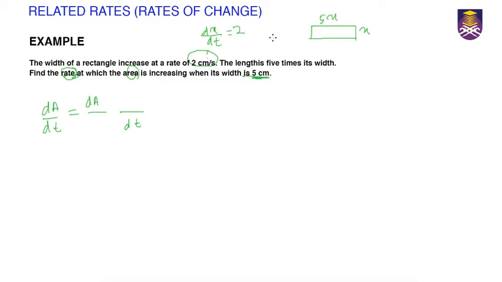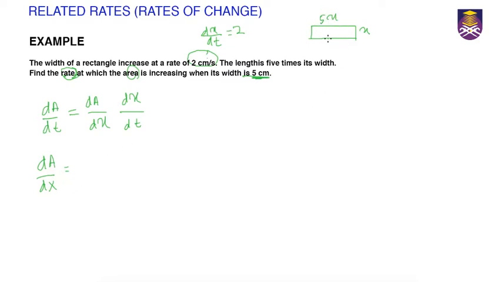We know that we have the length, dx, so you can write dx over dx, so that when we cancel dx we will get back dA over dt. So we should find our dA over dx.